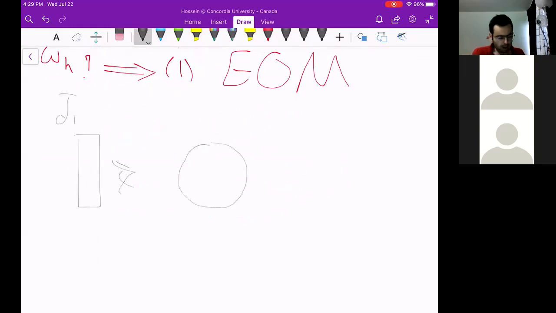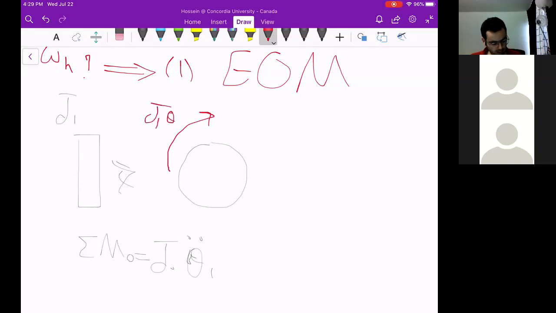In order to use the Euler formula, the summation of moments around point O is J O theta double dot 1. I assume this is going to be my positive direction. So J1 theta double dot 1.